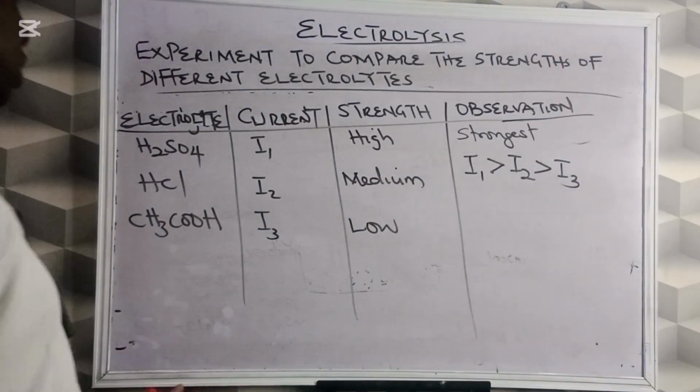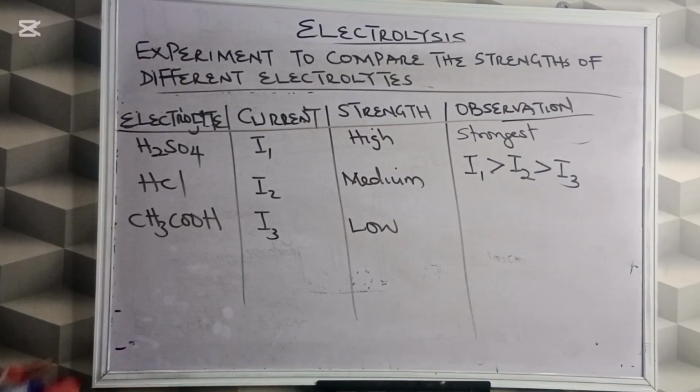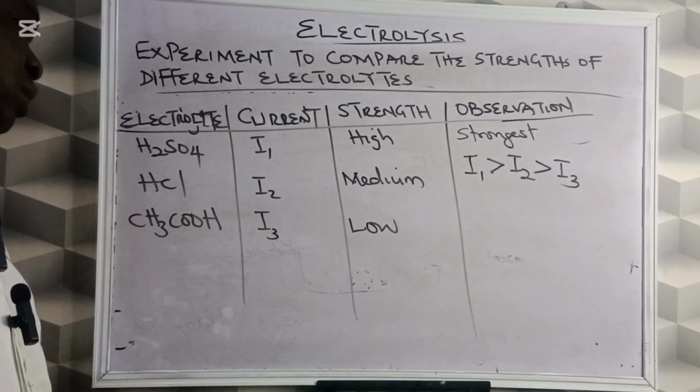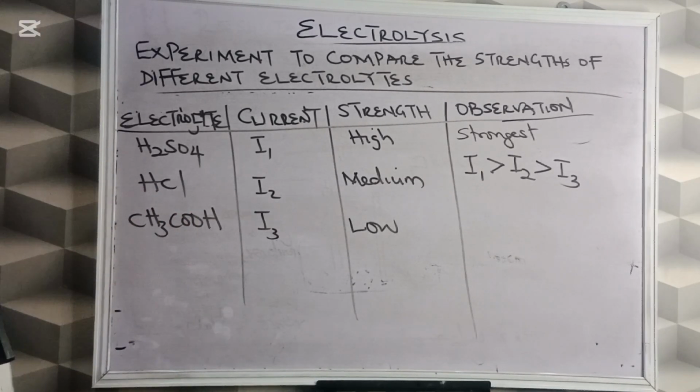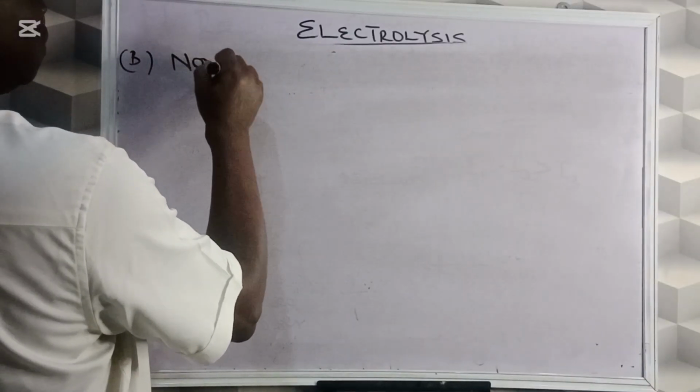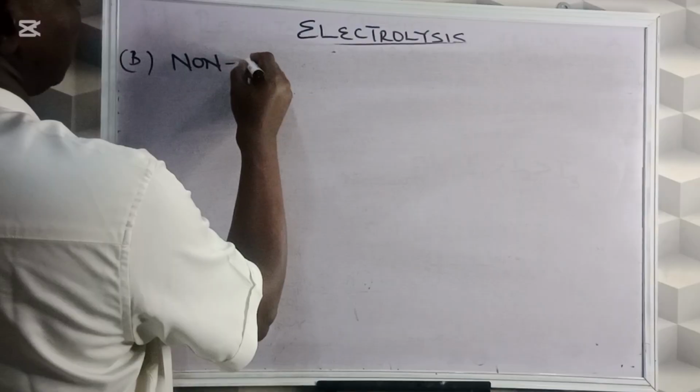So the strongest is H2SO4, followed by HCl, then followed by CH3COOH. Now, let's say non-electrolytes.